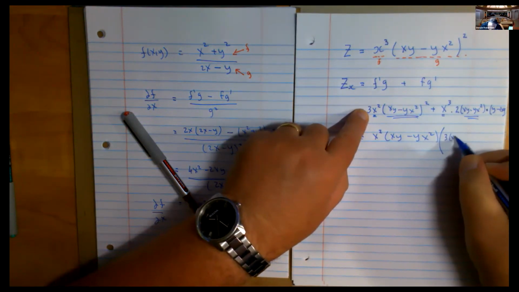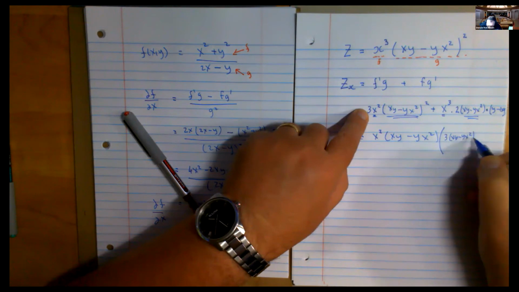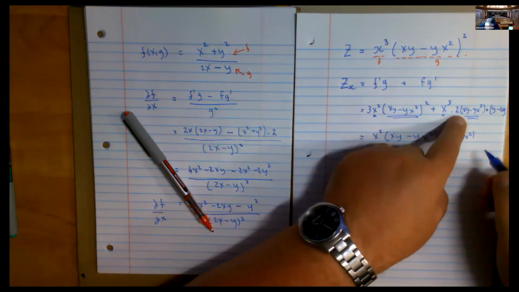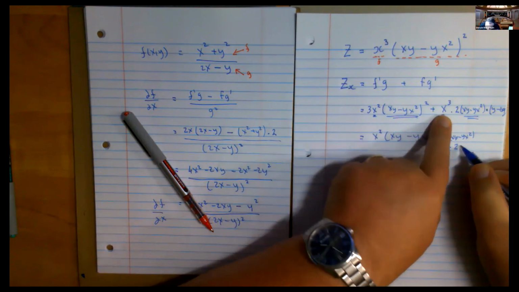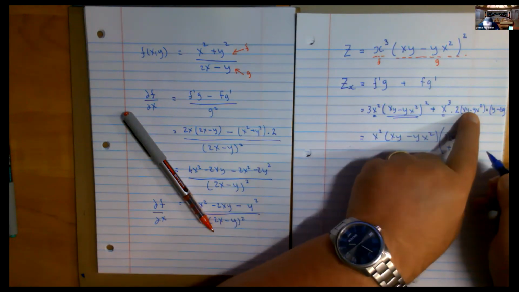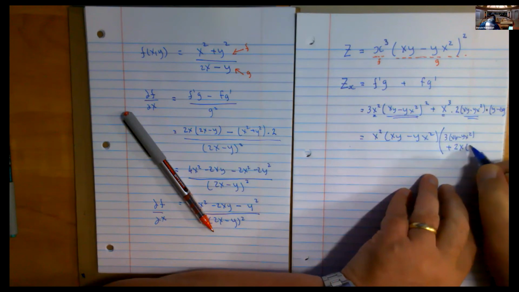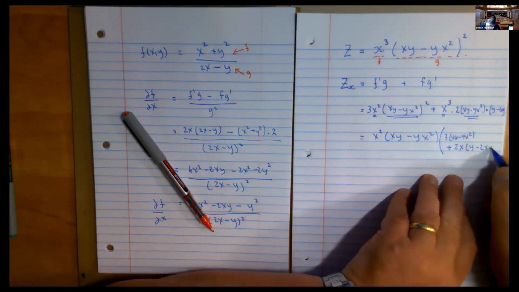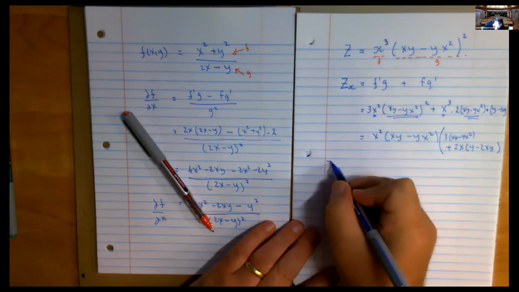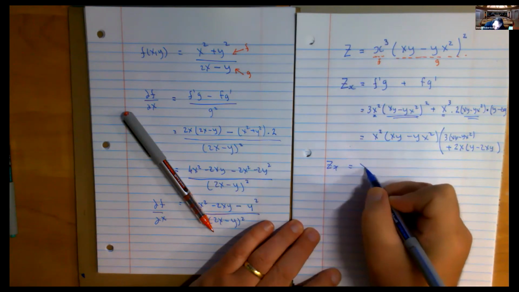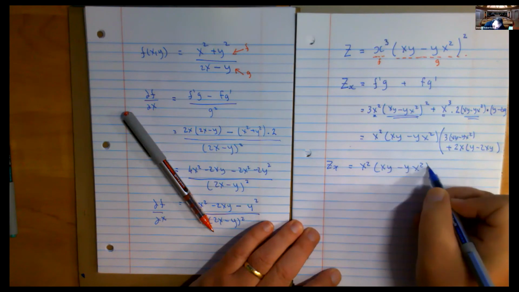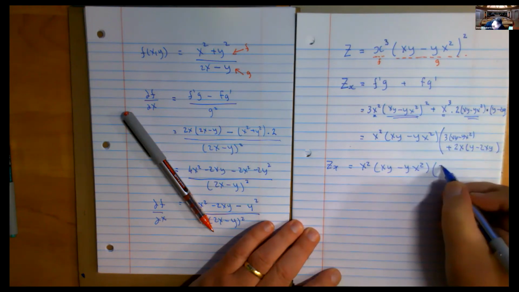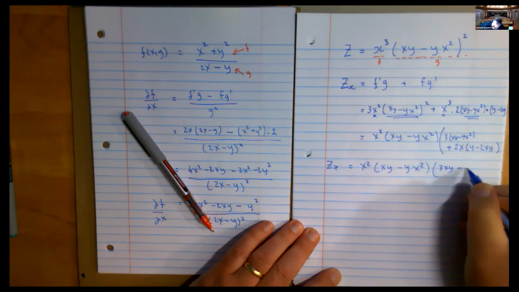3 lots of this, plus 2, one of these x's is used up, and a y take away 2xy. So I now have an x squared, an xy take away yx squared. Distribute this, you get 3xy take away 3yx squared.